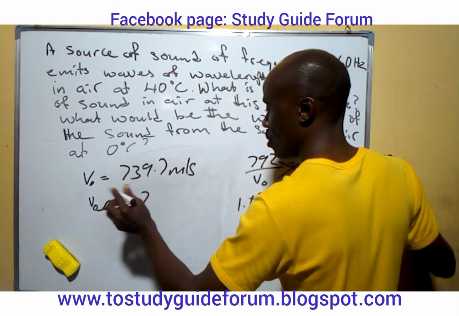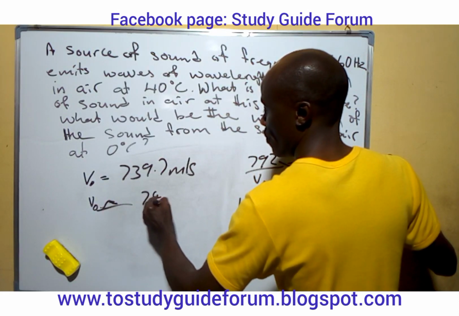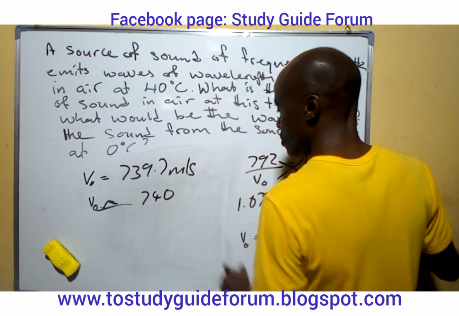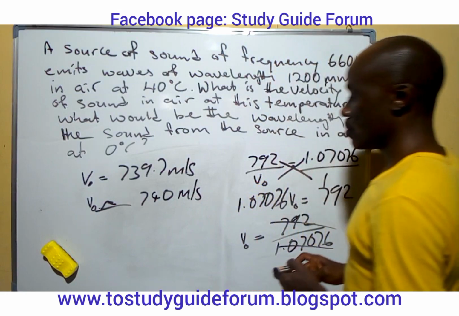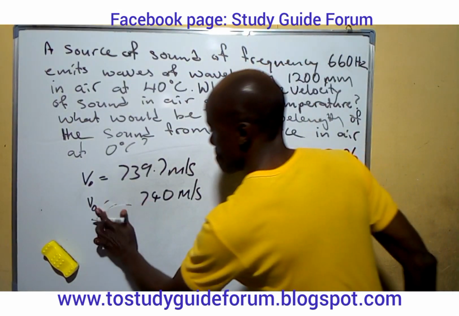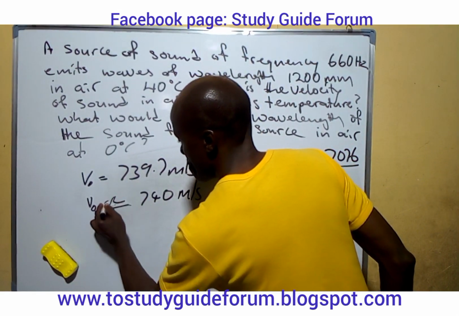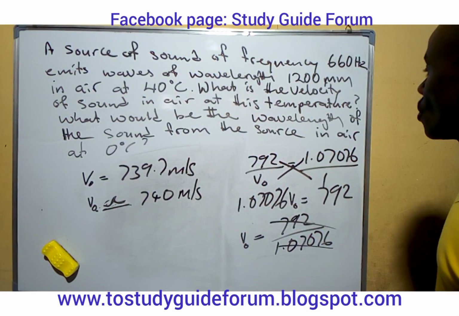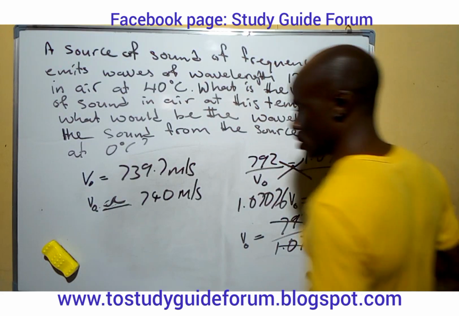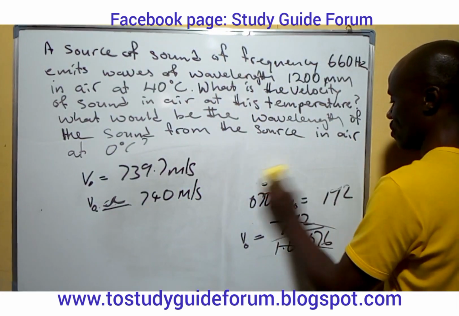To the nearest whole number, we have it to be 740 meter per second. So this is the velocity we are looking for.